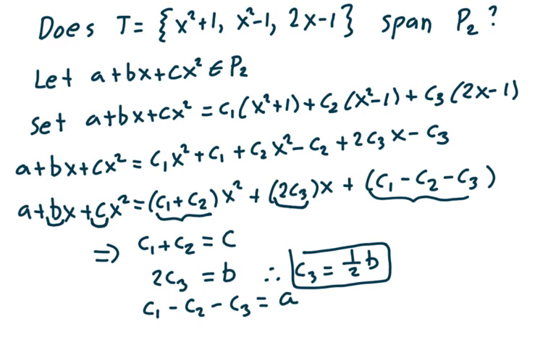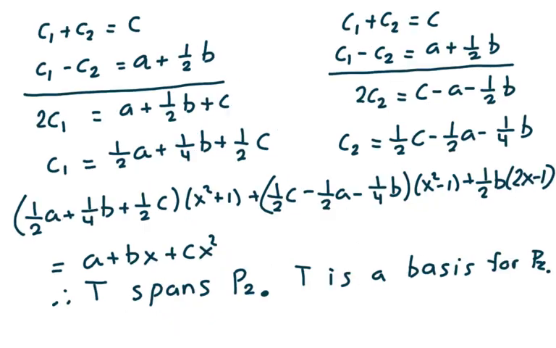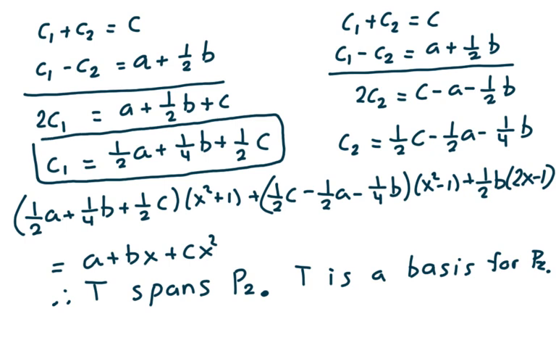And then I substituted that value back into this equation, and I added c3 over to the other side, which basically means I added 1/2 b to the other side. And that's what I'm getting here. If I solve for c1, I get 1/2 a plus 1/4 b plus 1/2 c.